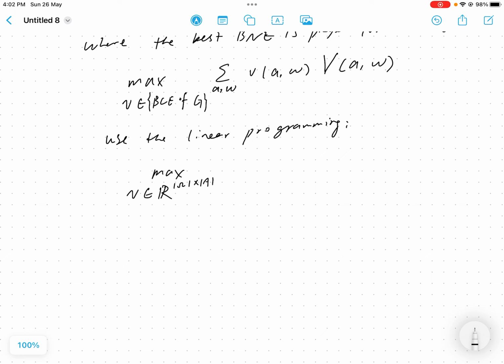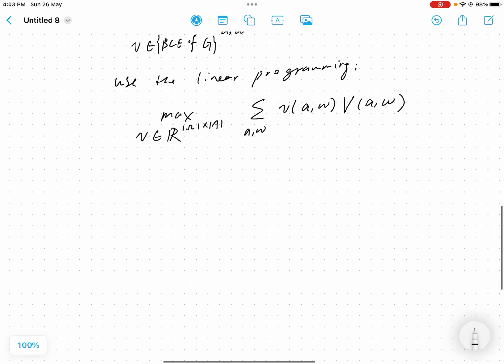So all those kinds of combinations. And our objective function is the summation over A and omega of the outcome times the utility. Okay, so what are our constraints here for the linear programming problem?